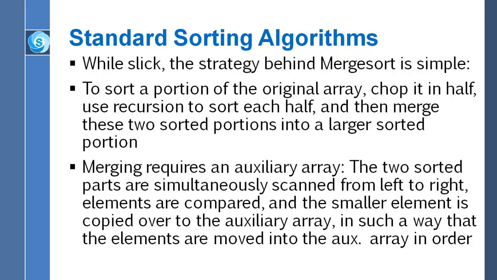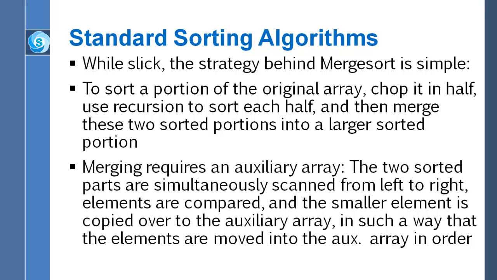Whichever of the two elements we compare is the smaller, well, that, of course, has to be the smallest element of the entire array. And so we want to take it and copy it into the auxiliary array, into position 0, into the left end of the auxiliary array, right?